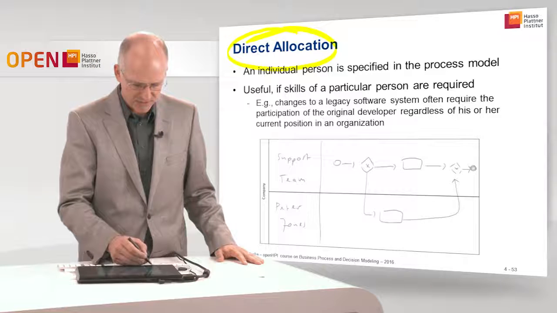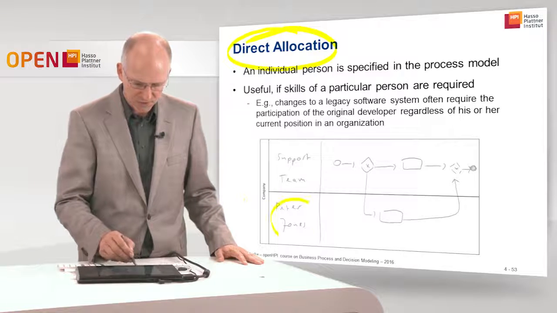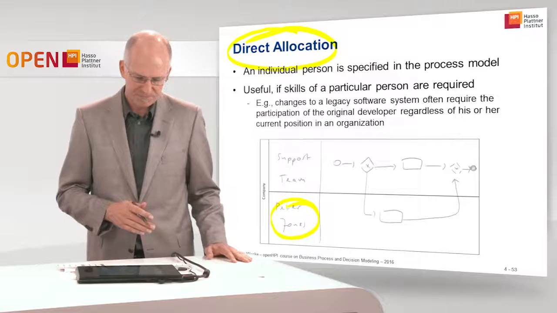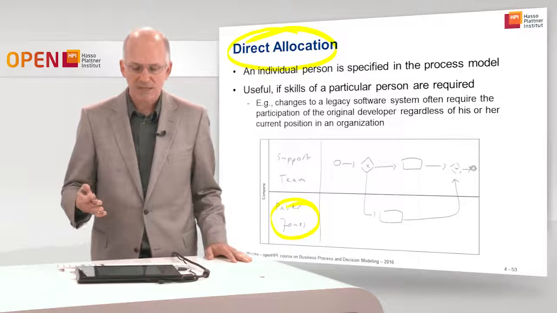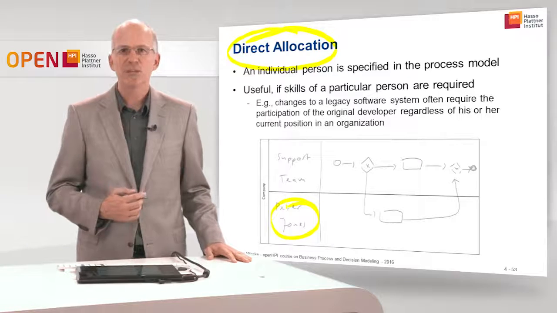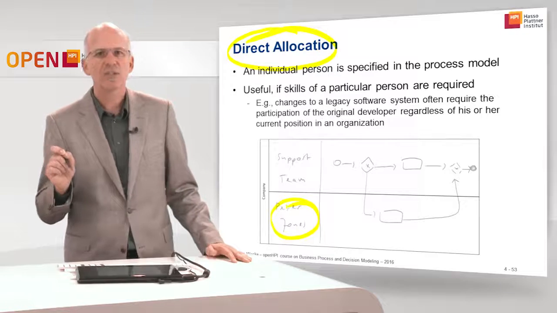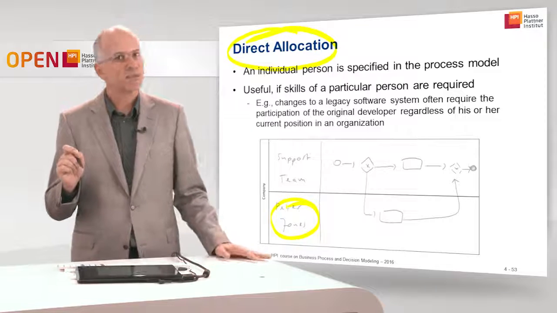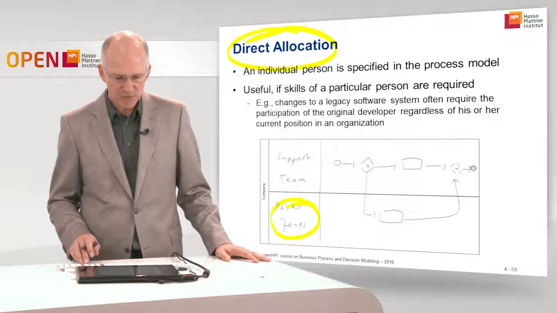So the direct allocation is here. Peter Jones is the person who is in charge of fixing the bug in case the support team is unable to do that. Here we have an example of direct allocation where the person is directly selected because he is the only person who can do that.